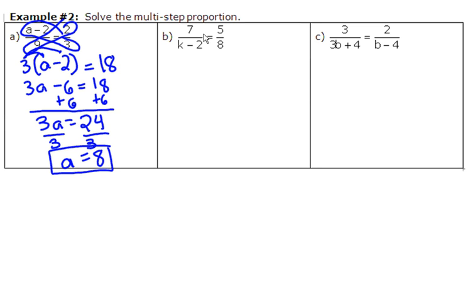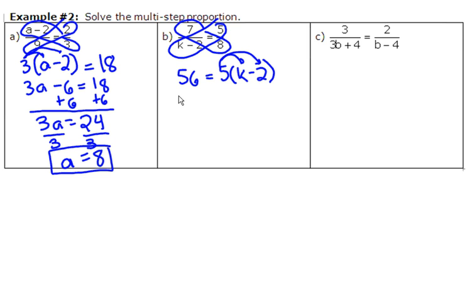So I would do the same exact thing for b. Now this one, 7 times 8 is 56. 5 times k minus 2, I have to distribute the 5 because there's more than one term in the denominator of this. So I'm going to distribute the 5. So I have 56 equals 5k minus 10.